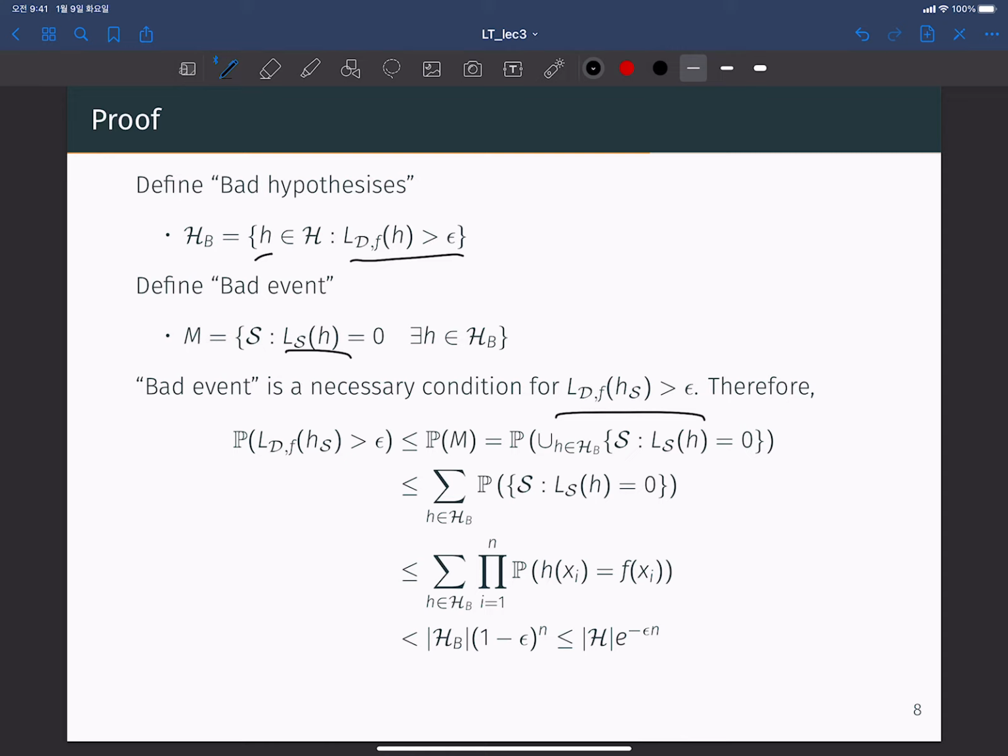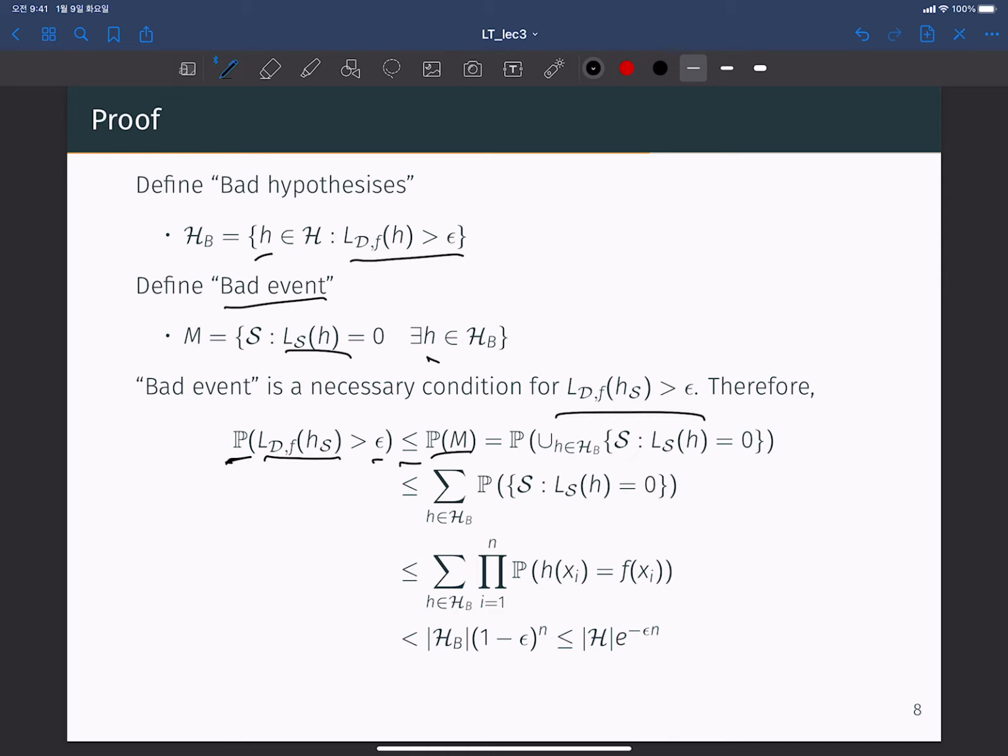Therefore, the probability that the test error is strictly bigger than epsilon is less than or equal to the probability of the bad event.